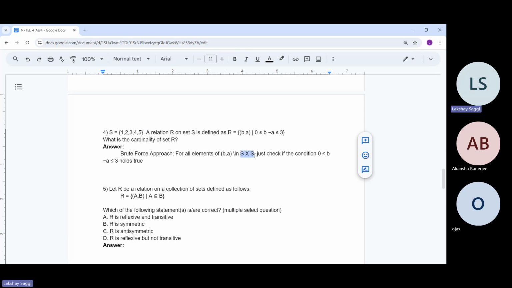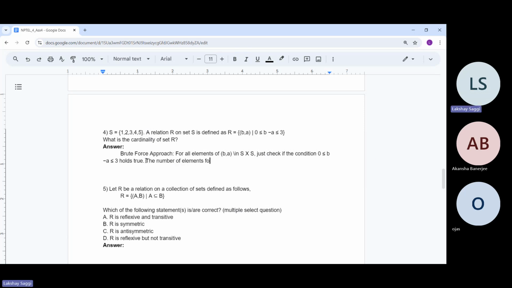S has a cardinality of 5, so S cross S will have a cardinality of 25, 5 into 5. So for all these 25 elements, just check if the condition holds true. And the number of elements for which this condition holds true will just be the cardinality of the set R.